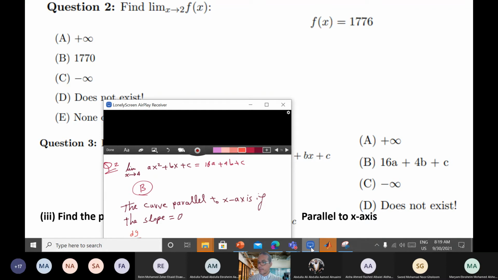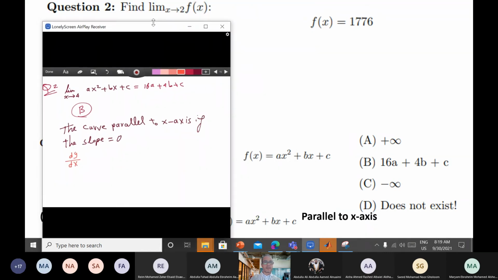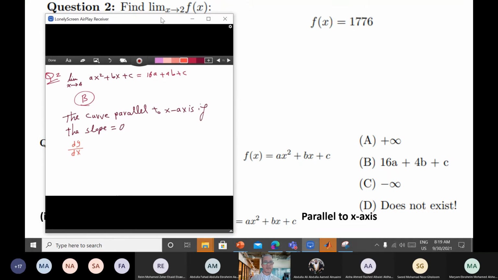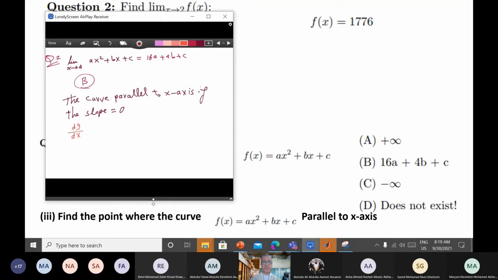Yes, dy by dx. Okay, so can you differentiate? When you differentiate, which is f dash of x, what do you have? a is constant. Get the 2 down and subtract 1 from the power.